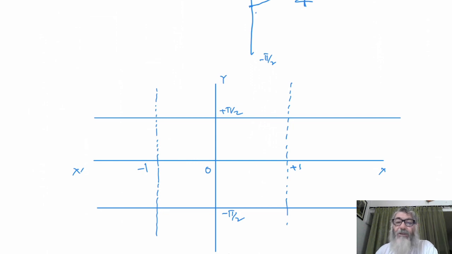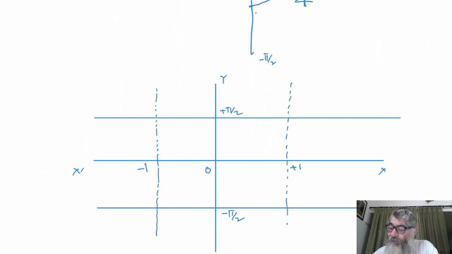We are considering only those two, as I told you, that we have restricted our domain between minus pi by 2 to pi by 2. It is not the domain here, but the domain of the original sine. Here it has become the range.